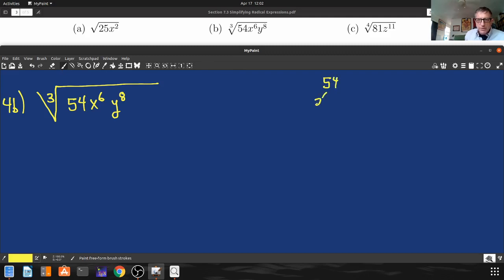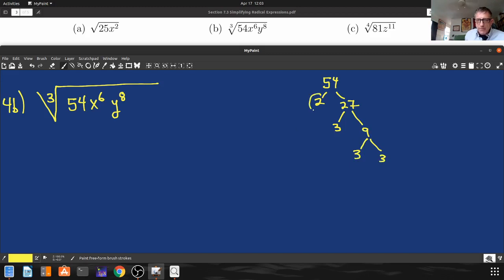divided by 2 is equal to 27. 27 is not even, but is clearly divisible by 3, right? That's 3 times 9. And 9 is divisible by 3. That's 3 times 3.